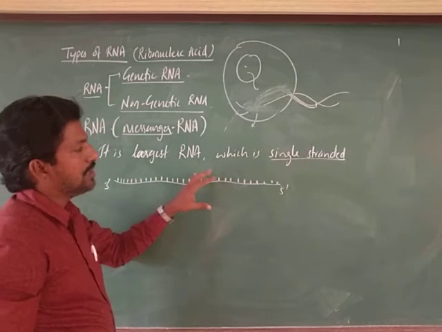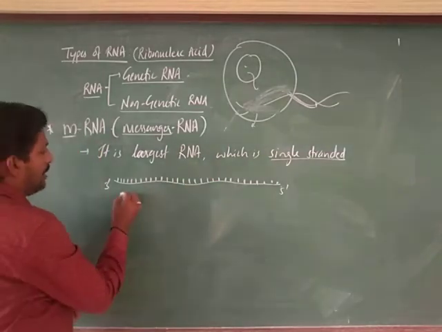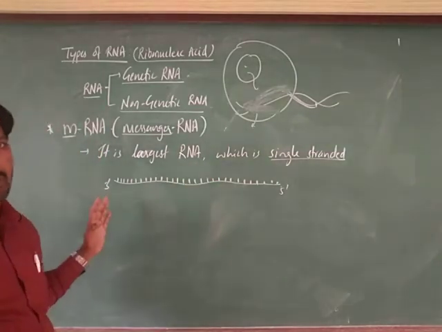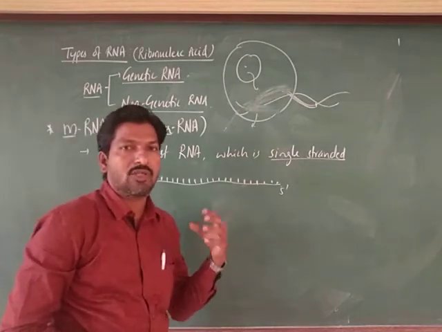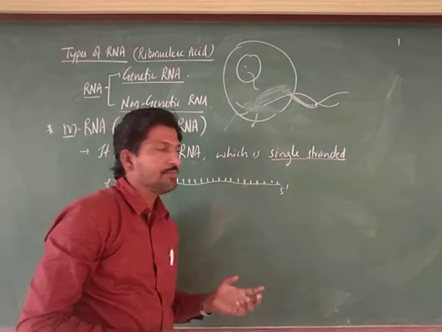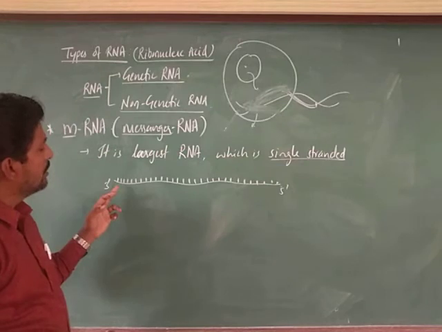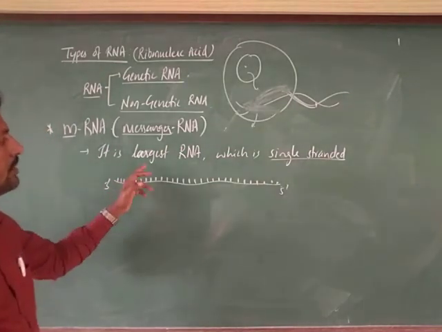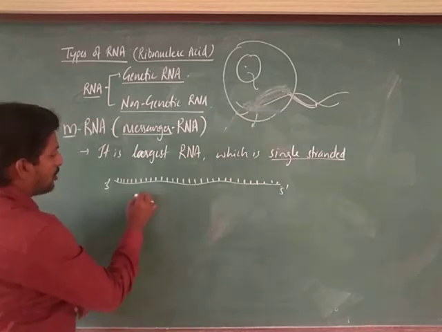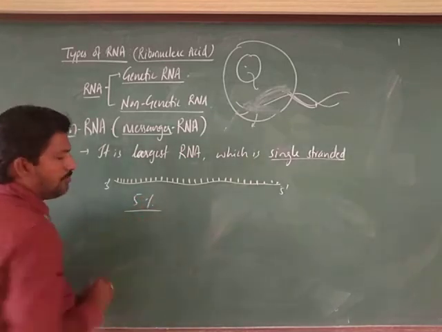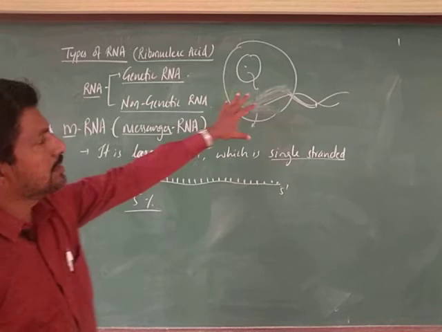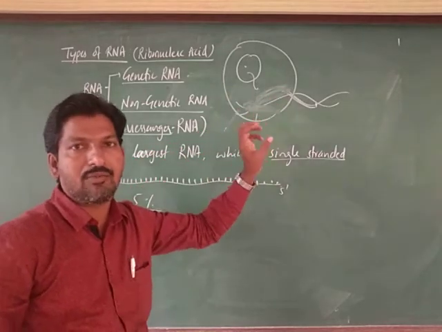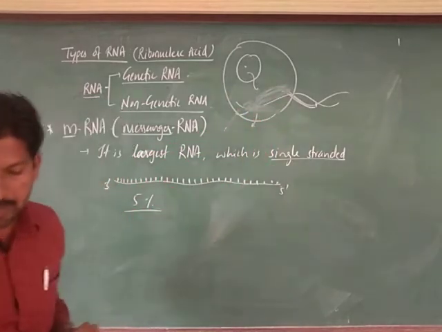It helps in protein synthesis. Mainly it carries the information to code which kind of amino acids. So that helps in the protein synthesis. It is usually the largest, about 5% of RNA. It covers 5% of the total RNA of the cell, right?